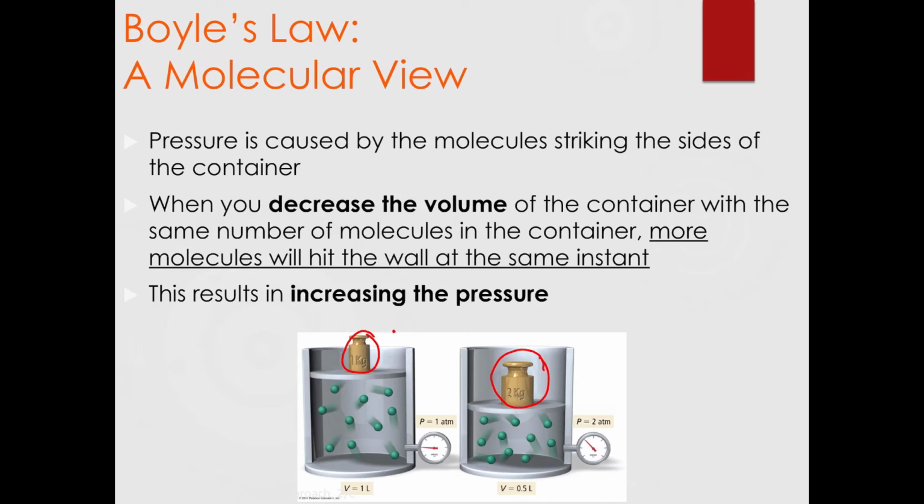So here we have a larger volume and then a smaller volume. And what happens when you decrease the volume of the container with the same number of particles is that you will have more molecular collisions in a given amount of time. So as you make the sides of the container smaller or closer together, you're having more collisions, which will increase the pressure.